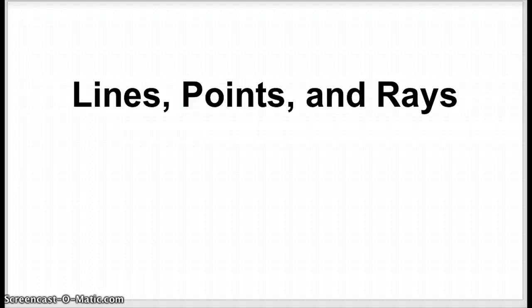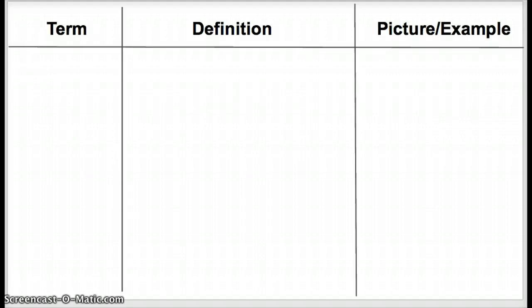Then you need to divide your paper into 3 sections so that it looks like this. So at the top, underneath, you're going to divide it into 3 sections. Leave the most room in the definition and picture and example part, and you'll only be writing down 1 or 2 words over here on the side in the terms, so you don't need as much room over on the left side.